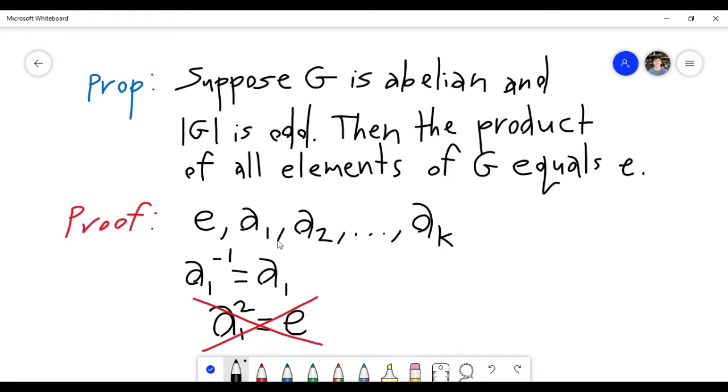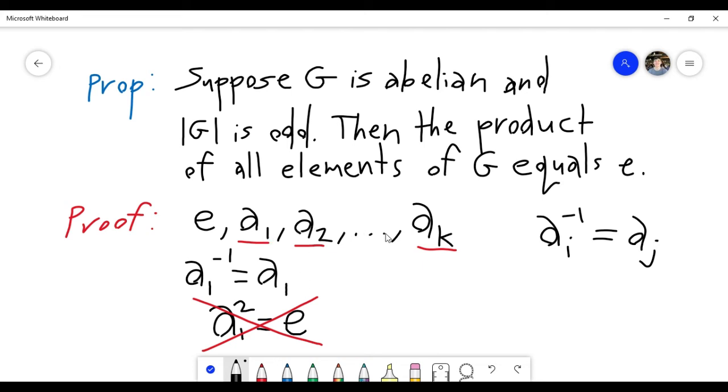So what we know is that for all of these non-identity elements, for a1, a2, down to ak, all of these elements have an inverse other than themselves. And so what we can do is we can actually pair these off. So we know that for every ai, there's a distinct element aj that's its inverse.